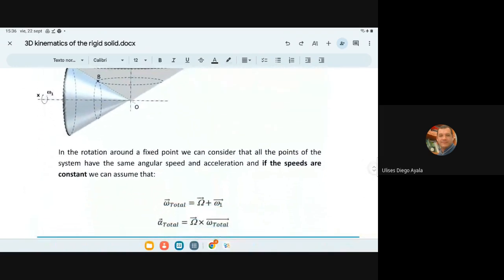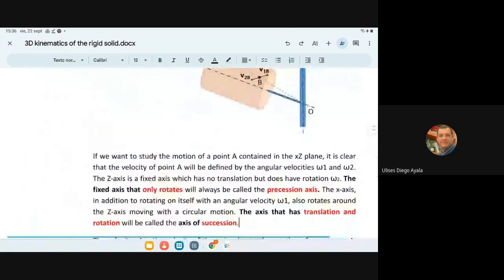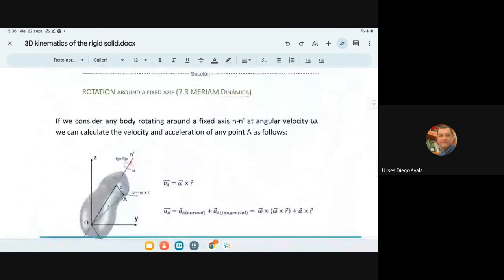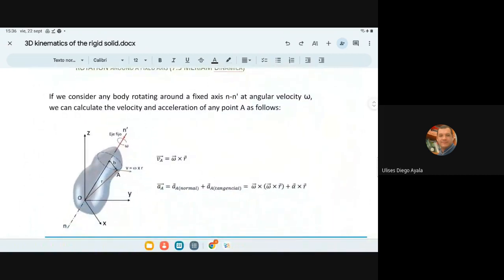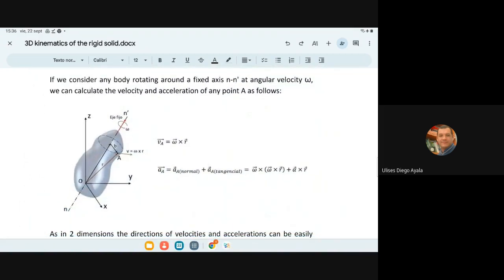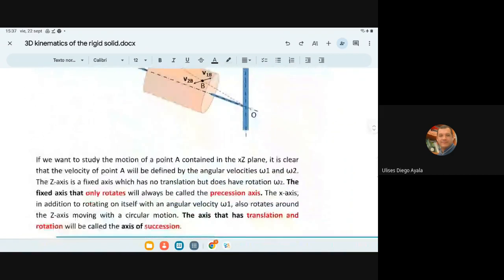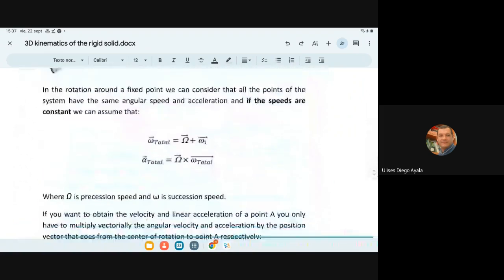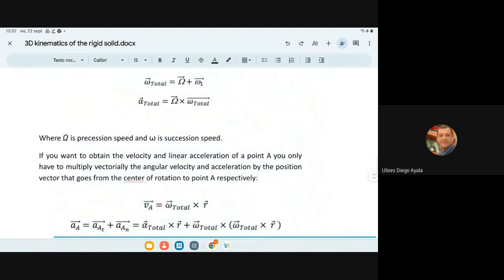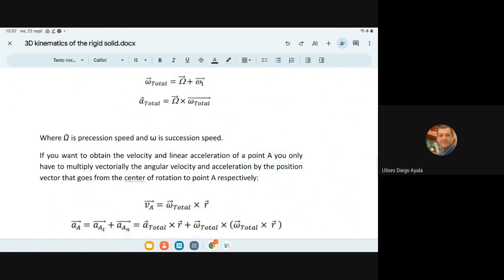So we have the normal and tangential accelerations, the equation of the velocity, and this one.